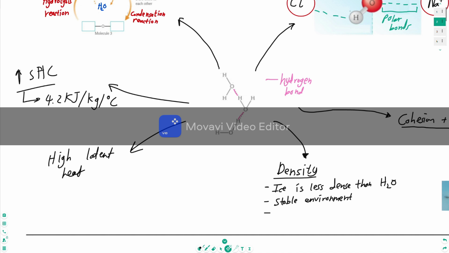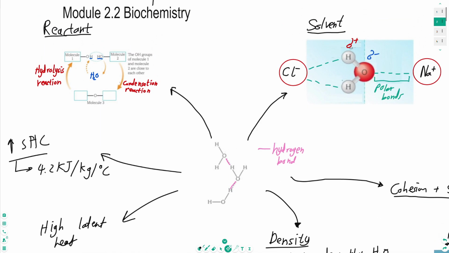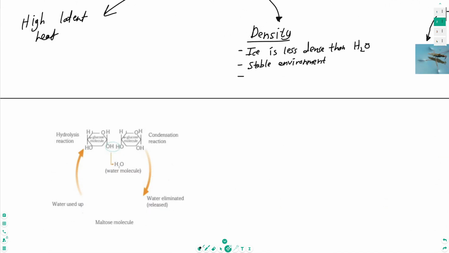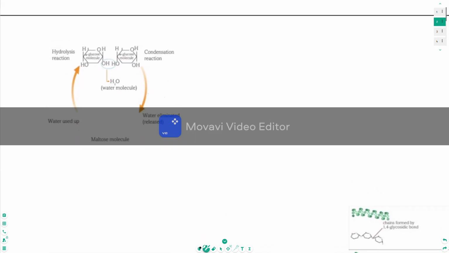So that's the first molecule that we're looking at in this short video. Remember, I did say this topic is quite long, so I'm going to split this into 3 videos. So in this video, we've already done half of this video, which is water. We're now going to do the other molecule we're looking at, which is carbohydrates. So now we're going to look at carbohydrates.